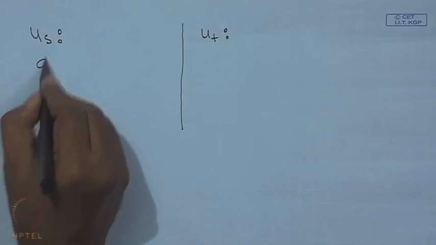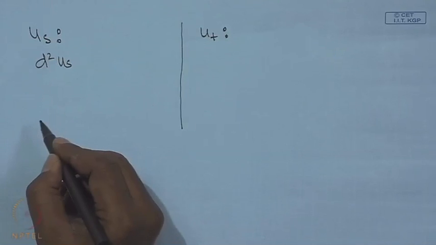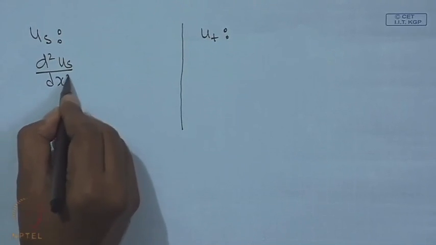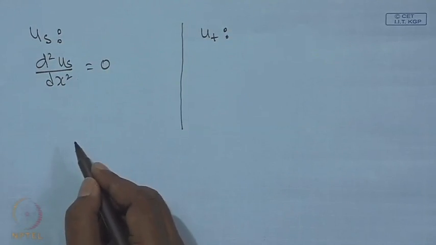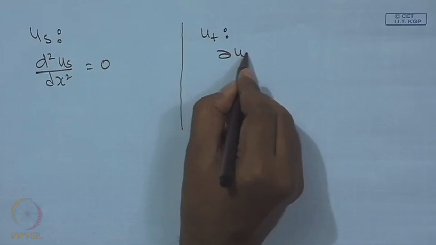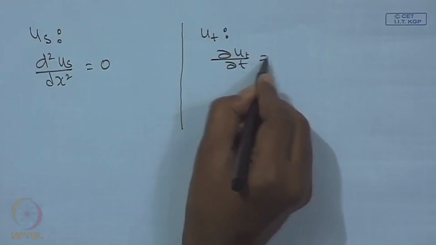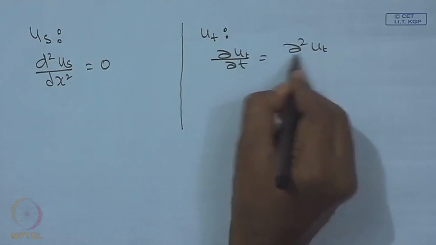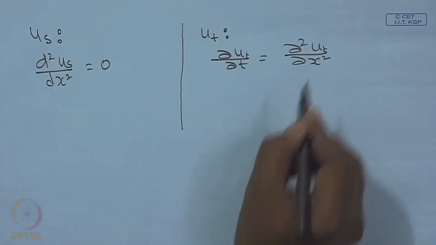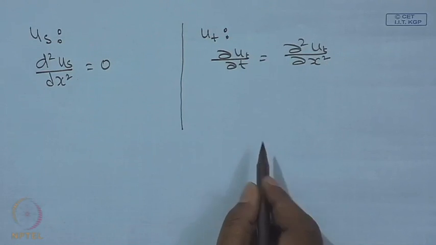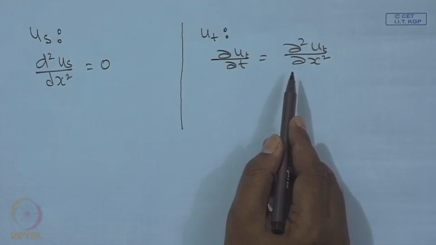So, d square u_s dx square is equal to 0, and del u_t del t is equal to del square u_t del x square. That was the governing equation of u_t.